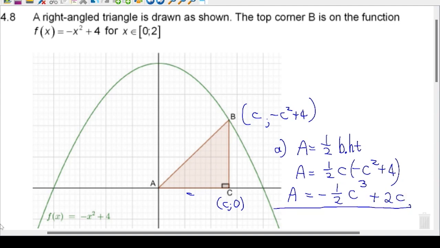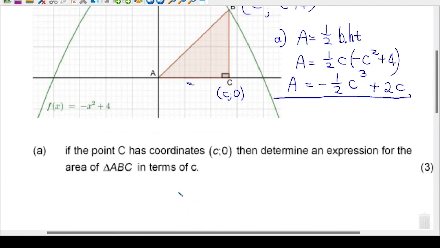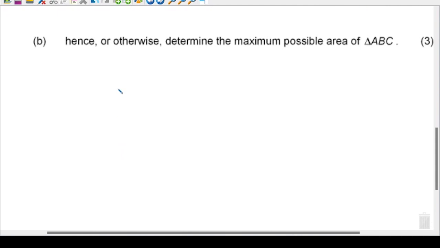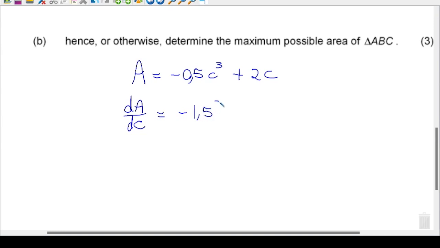Part B then says, hence find the maximum area that's possible. If we want to maximize an expression, we need to differentiate it and equate the derivative to 0. So let's differentiate that. We get dA/dc is negative 3 over 2, negative 1.5 c squared plus 2.